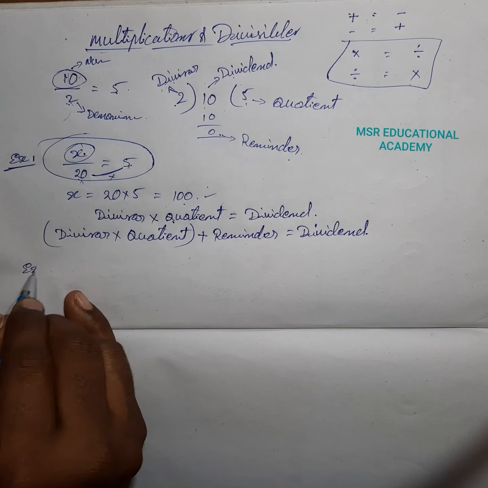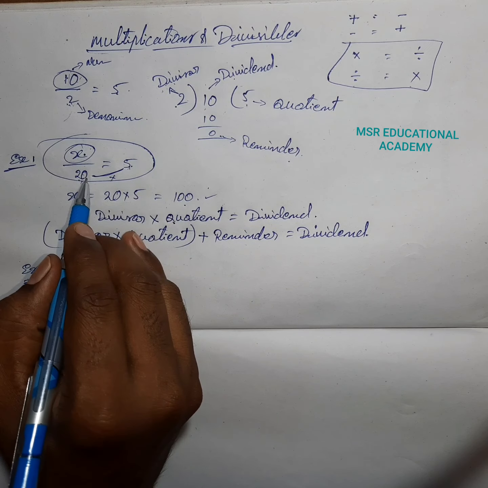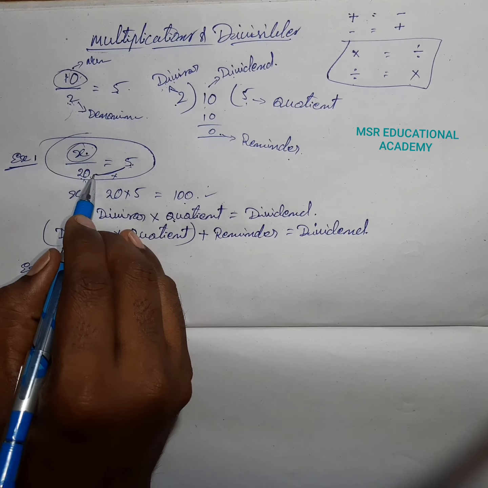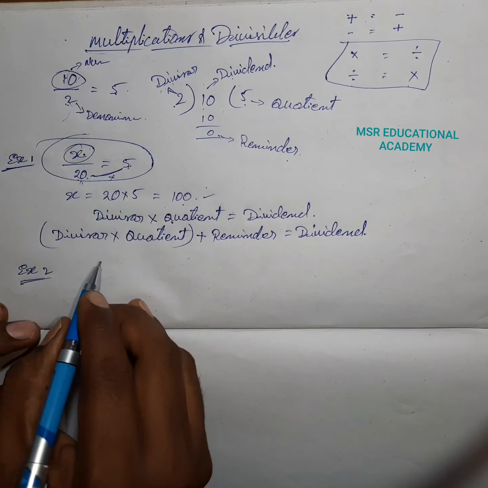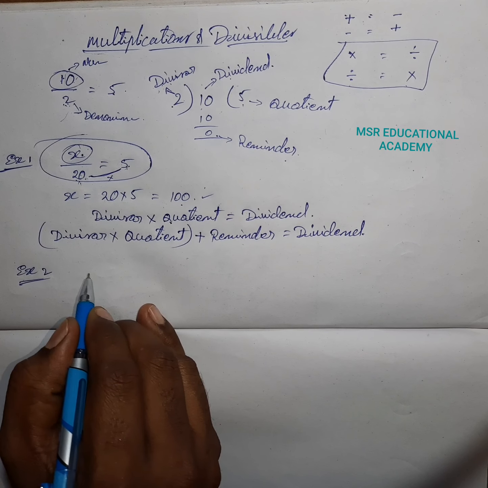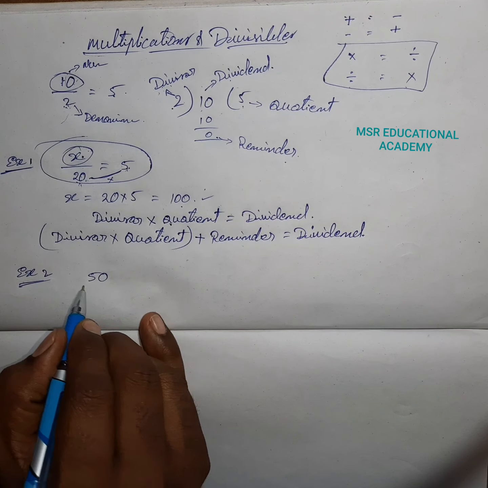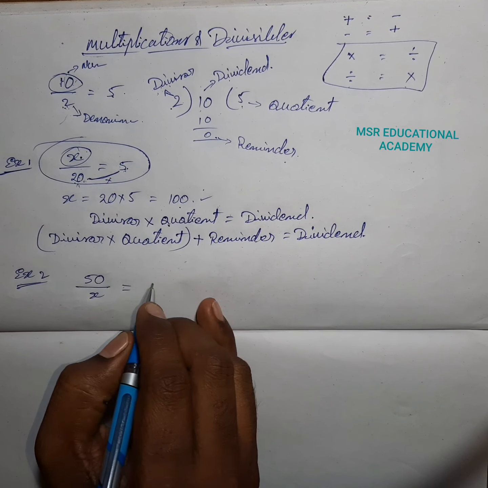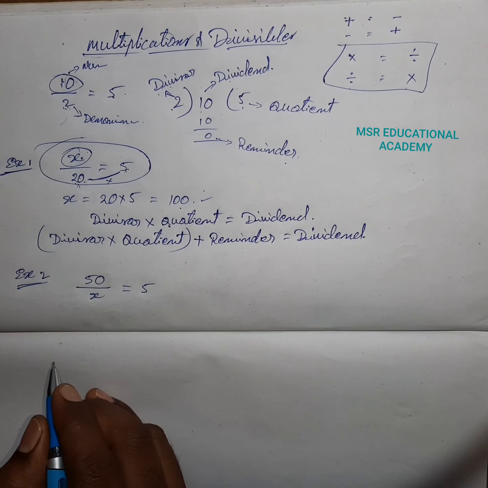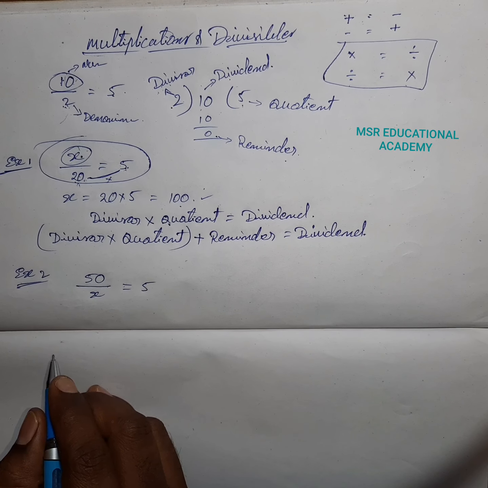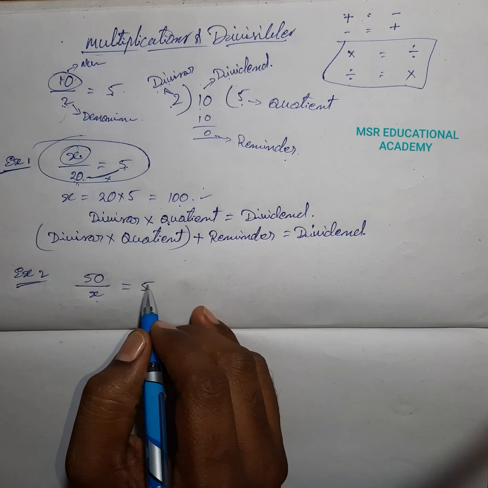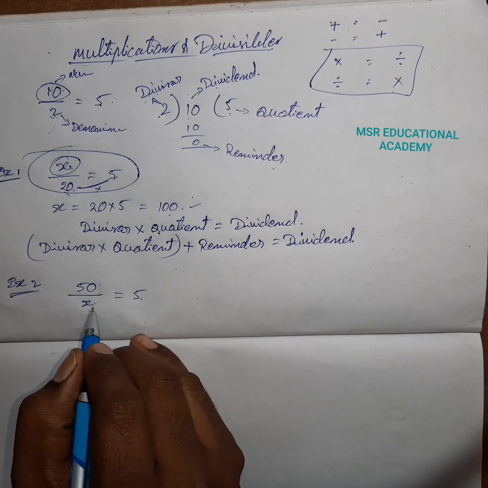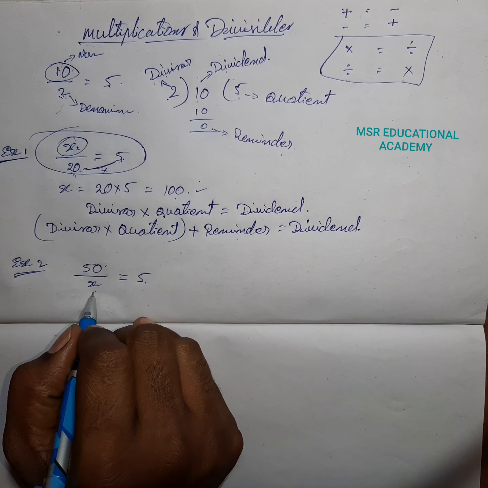Next, example 2. If you don't know the divisor, that is the denominator, how do you compute it? 50 divided by x equal to 5. This value is the dividend, this is the quotient value, and you don't know the divisor.